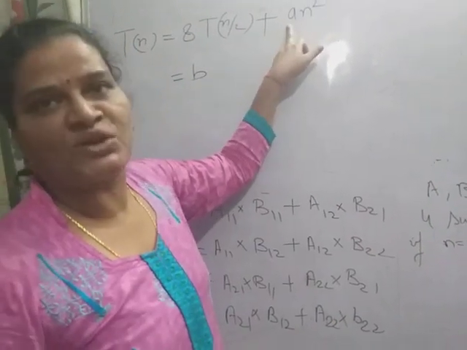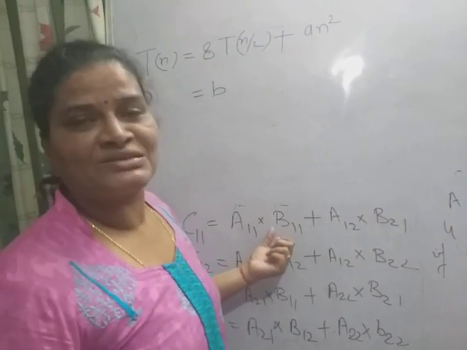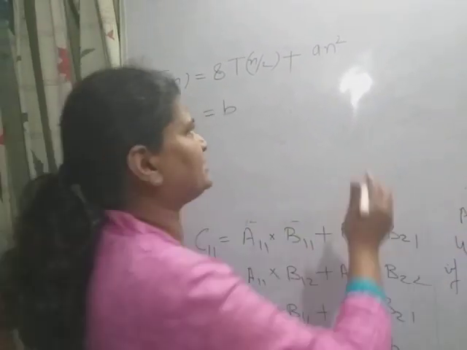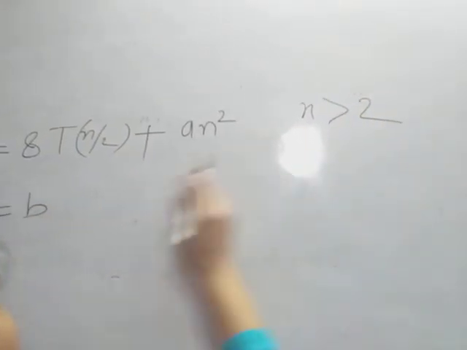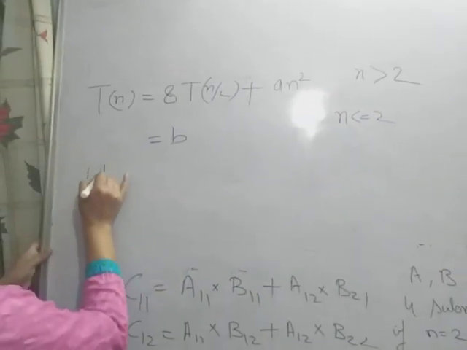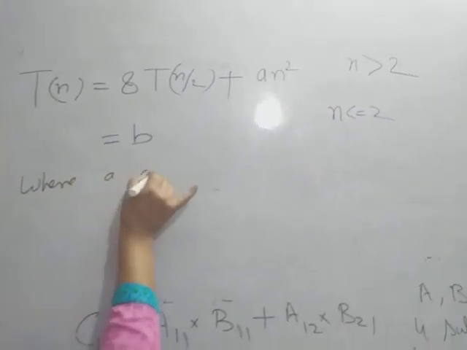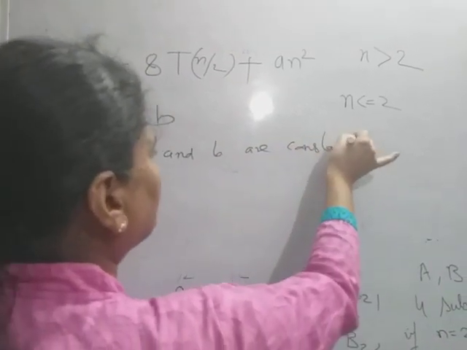So this term is because of addition, and this term is for multiplying the two matrices of order n by 2 cross n by 2. This formula holds for n greater than 2, and this is for n less than or equal to 2, where a and b are constants.